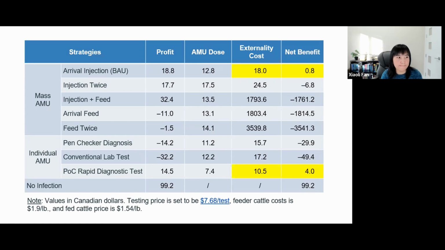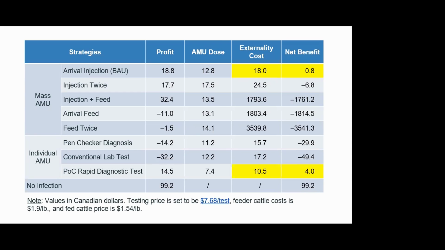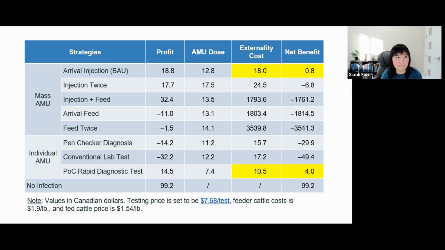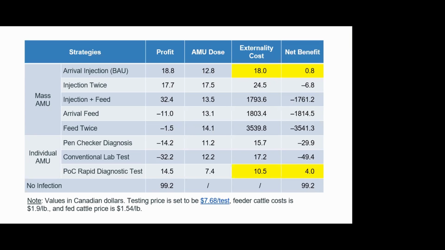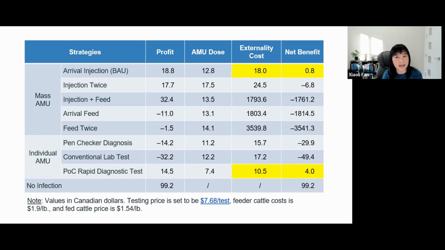Right. And I assume each of those is sort of upping the doses of the tetracycline. The doses are the same for each injection, and the same for each day in feed, but the feed and injection are different.